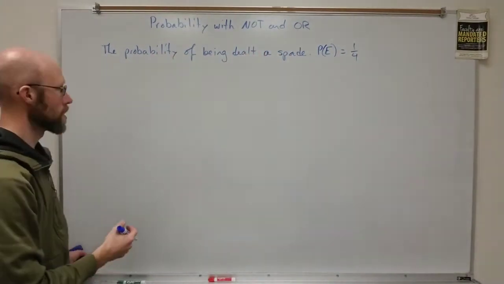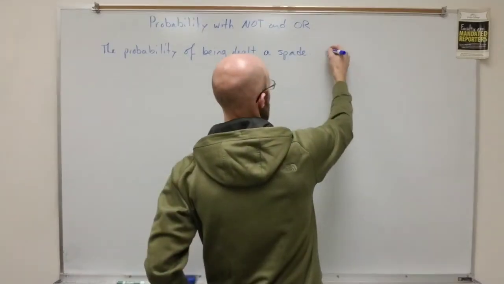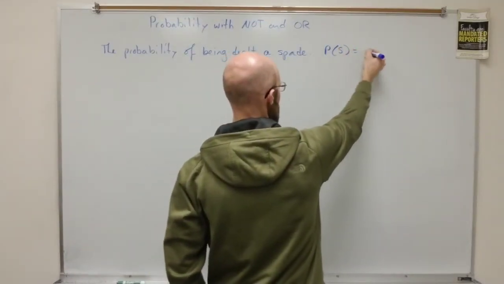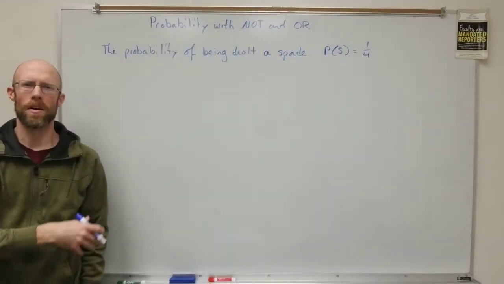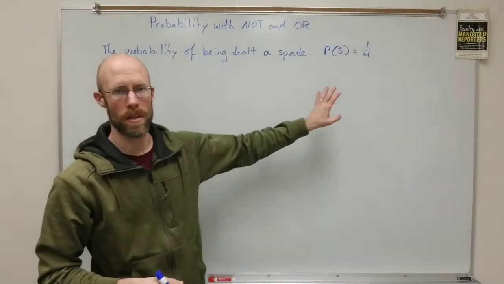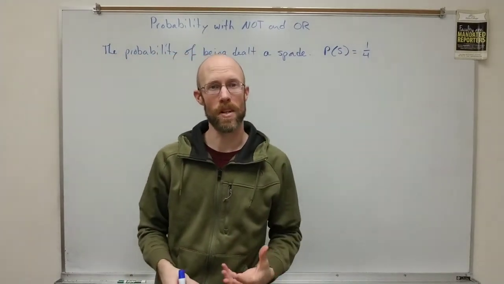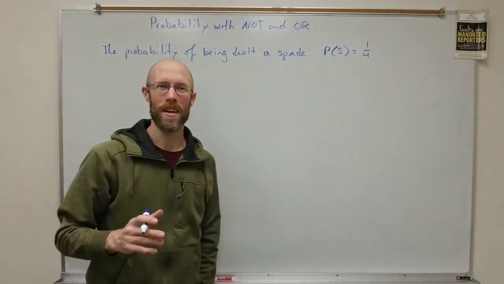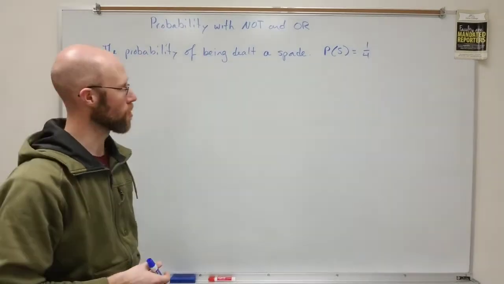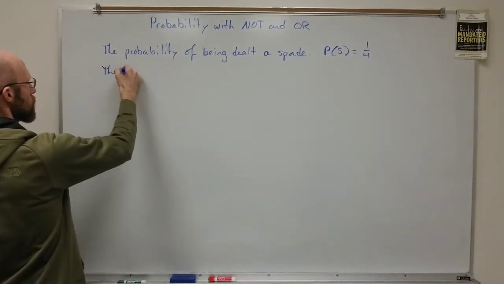In fact, I'm going to call that S for spade, right? And did I say empirical? The theoretical probability is 1/4. The empirical probability, which we tried to do in a video, didn't come out very close to 1/4, but the theoretical probability is 1/4.